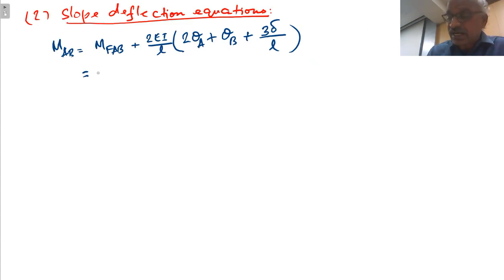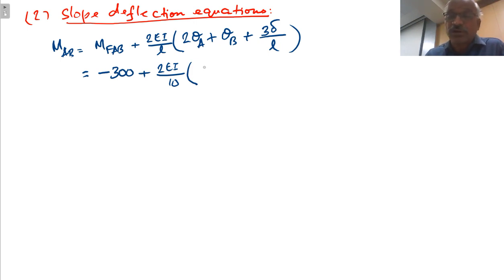So this is minus 300 plus 2EI. Now here there is no change in the value of I. Suppose AB is of moment of inertia 2I and BC is of moment of inertia I, then that has to be accounted. Here it is uniform. Right. So 2EI by L, with L equal to 10 meters.